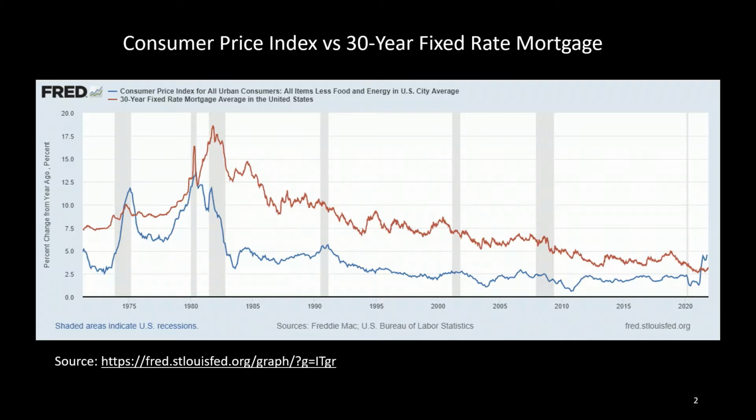The past two periods of time when this occurred were back in the 70s, from August 74 through July 75, and then 2 months in the 80s, June and July. And since then, inflation has been below the mortgage rate until May of this year.